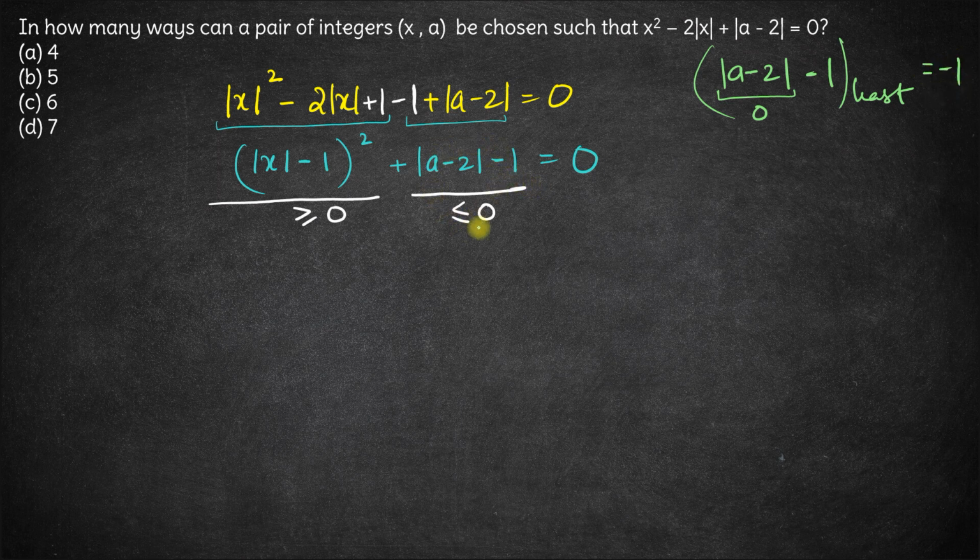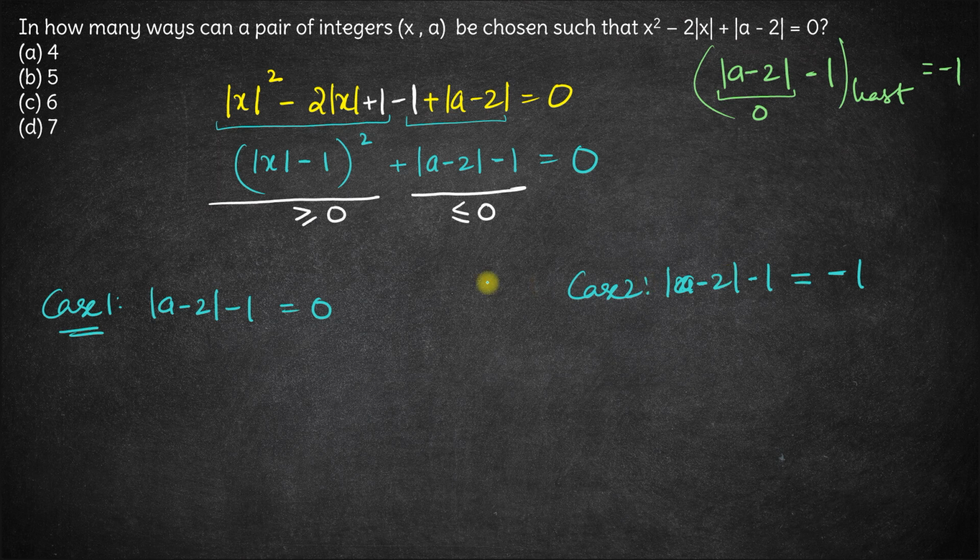So basically if this expression is less than equal to 0 and the least value is minus 1, we get exactly two cases. Either this is 0 or it is minus 1. Case 1: mod of a minus 2 minus 1 is 0, or case 2: mod of a minus 2 minus 1 is equal to minus 1. These are the only two cases that we have.